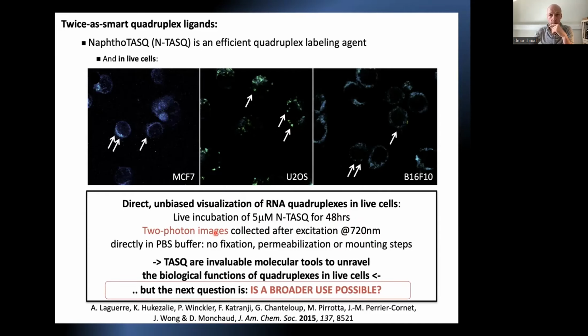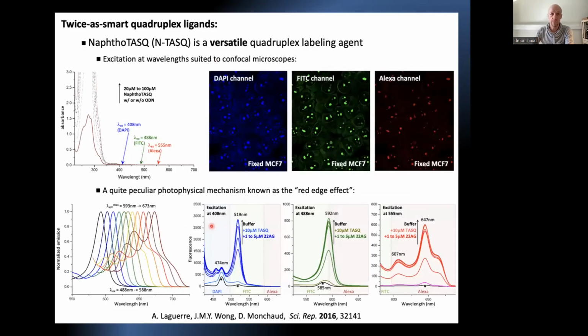So we were thinking about using this NAFTA task with more classical confocal imaging, but the actual issue was that when you play with the confocal imaging, you use lasers adjusted at a fixed wavelength, usually this one. And clearly, this is a UV-vis of a NAFTA task. It does not absorb light at this wavelength, meaning that it cannot produce a fluorescence at this wavelength. And despite this, we obtained very beautiful images in the three colors.